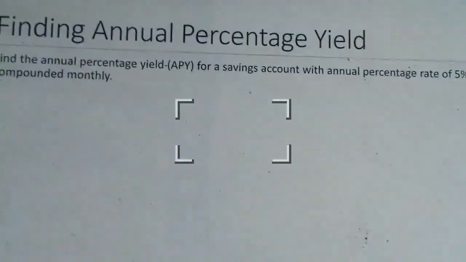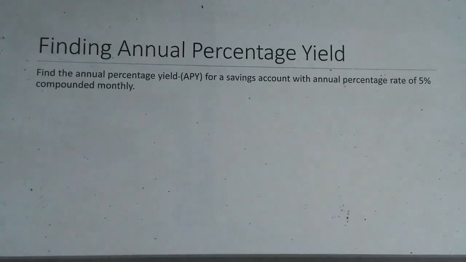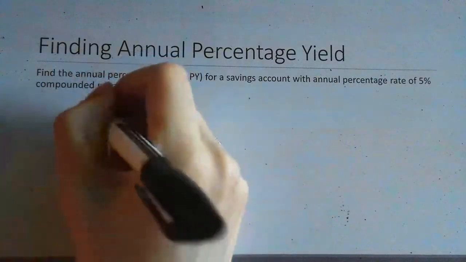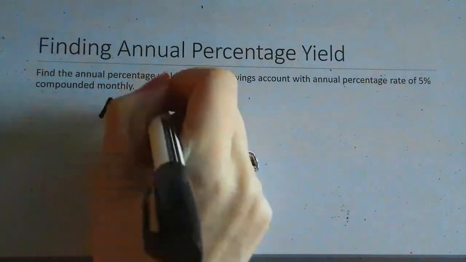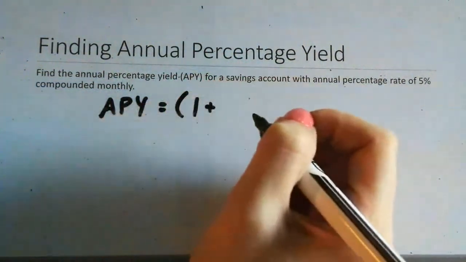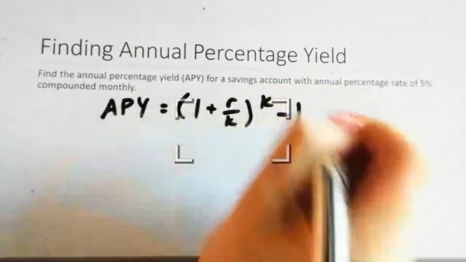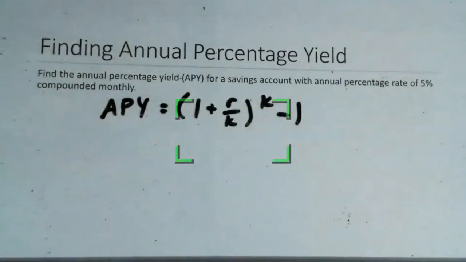Find the annual percentage yield, or APY, for a savings account with an annual percentage rate of 5% compounded monthly. So our formula for APY was 1 plus R over K to the K power minus 1.